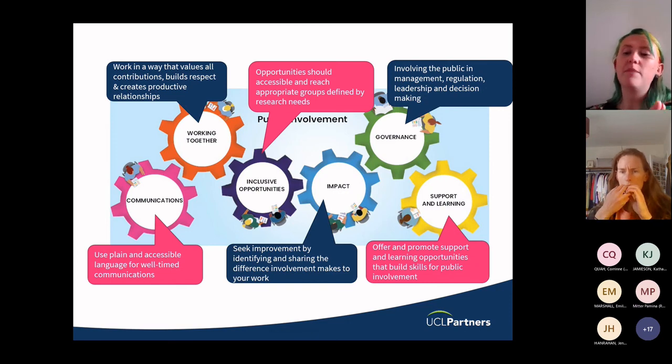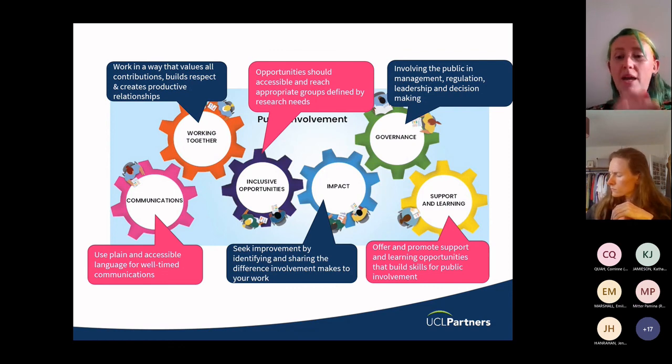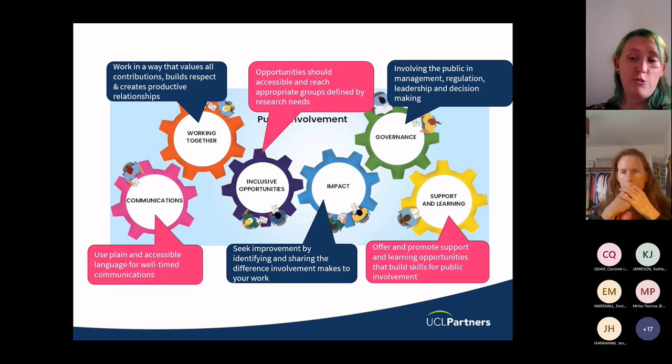What I would say is just keep these things in mind because they help you frame and design activities that are really considered best practice. So this idea of your communications being in plain and accessible language, being well timed, keeping people in the loop, as we said. Making sure that you work together in a way that values people, builds respect and creates partnerships. Making sure your opportunities are inclusive, so they're accessible and reach appropriate groups defined by your needs.